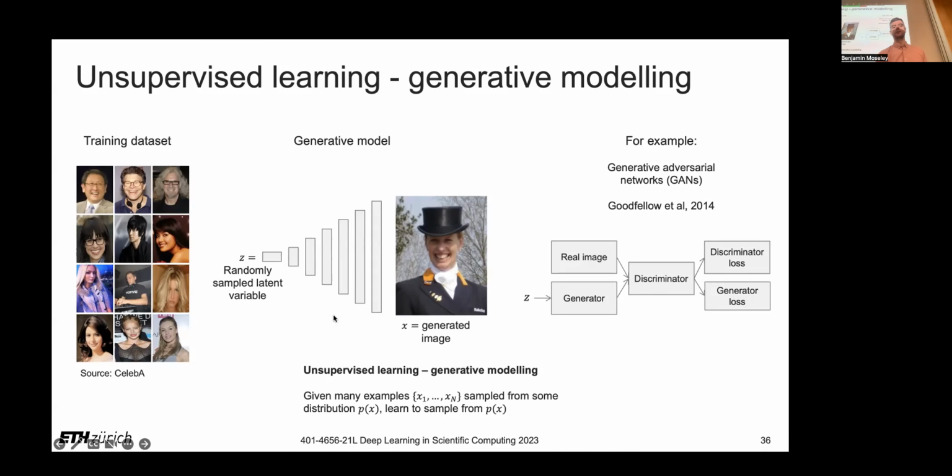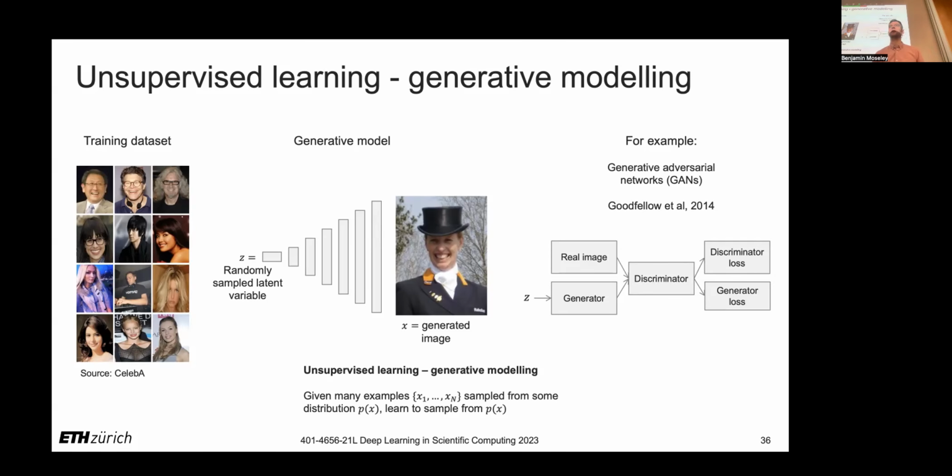Mathematically, given many examples, can I learn to sample from some probability distribution P of X? It turns out you can train neural networks to do this very well. A very popular model for doing this is called GANs, generative adversarial networks.